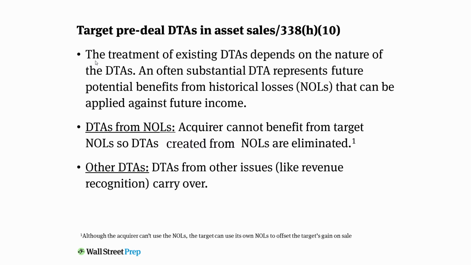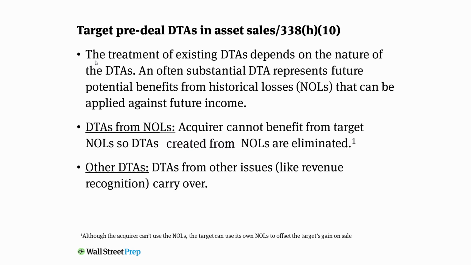So let's talk about one of the most common reasons why companies have deferred tax assets going into a deal. An often substantial DTA represents future potential benefits from historical losses. DTAs are recognized when companies have losses, they get to basically store future tax savings, and you have to account for them as deferred taxes because you can offset any future income with the prior losses that you had.